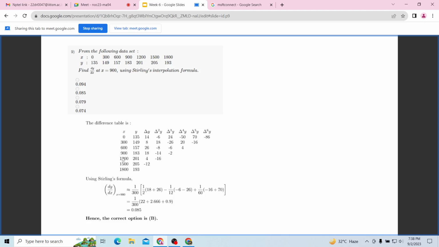Here you have to calculate at x equals 900, right?